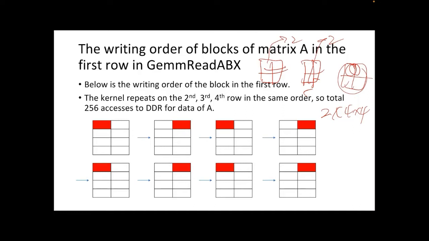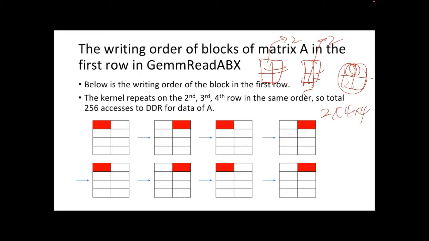The block is not saved in the achievement. Block? Oh, is it saved in a string? Yeah, it is in a string, so it's in the FIFO. But for the block multiplication, the matrix is a block 2 by 4 and 2 by 2.